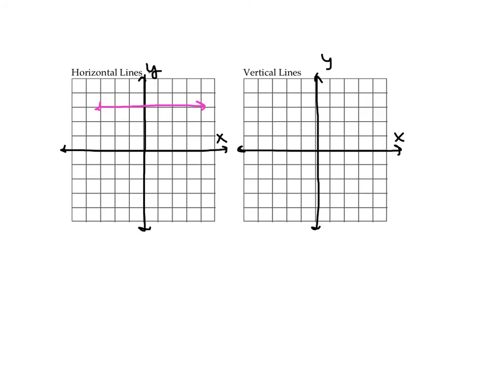If you take a look at this line, if we find some points on this line, for example, this would be (1, 3). This point would be (3, 3). This point would be (-1, 3). And let's say this point would be (-3, 3).